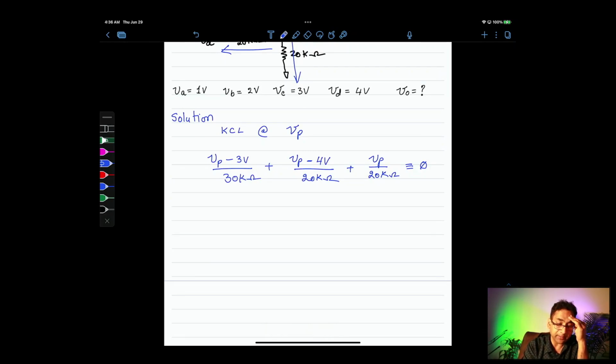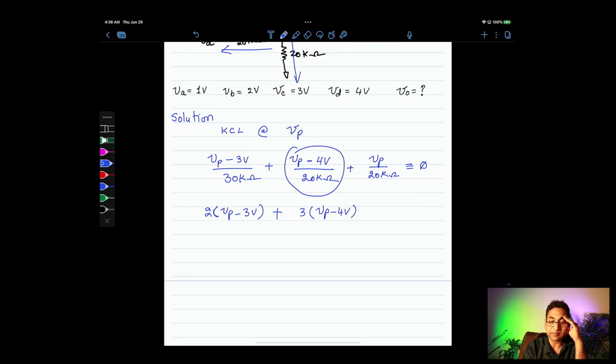Doing that, there is a factor of 2 over here: 2 times (Vp minus 3 V), plus this term gets a factor of 3, because it is multiplied by 60 and divided by 20, so 3 times (Vp minus 4 V), plus this term gets a factor of 3 again, 3Vp, all of that equals 0.